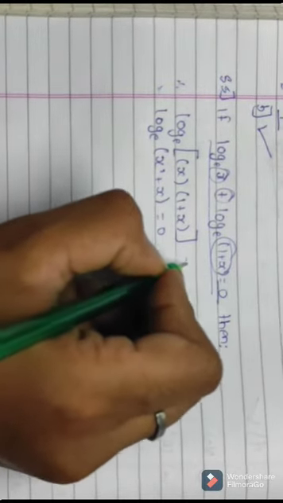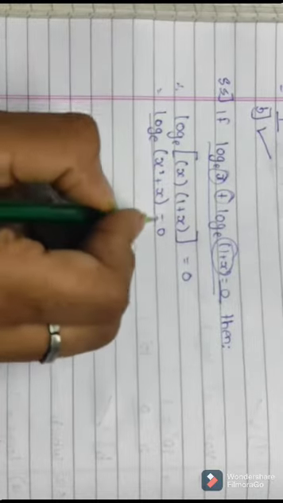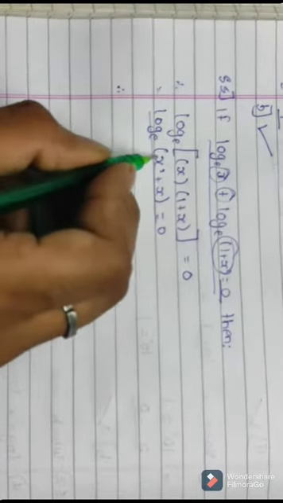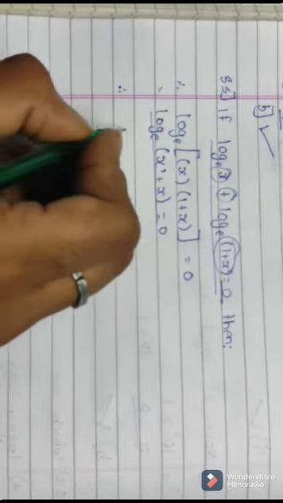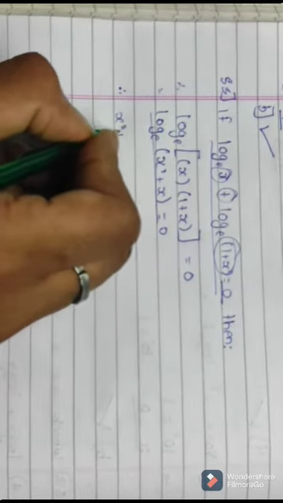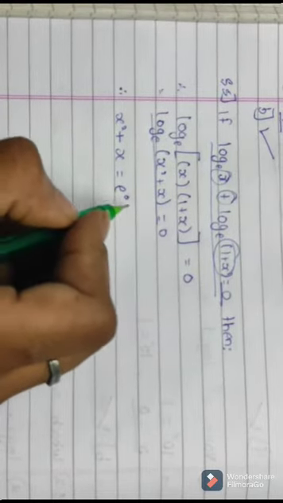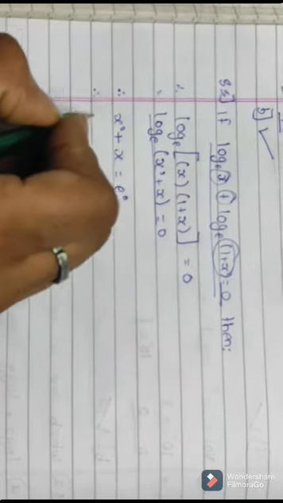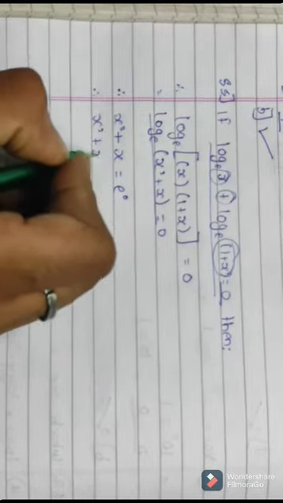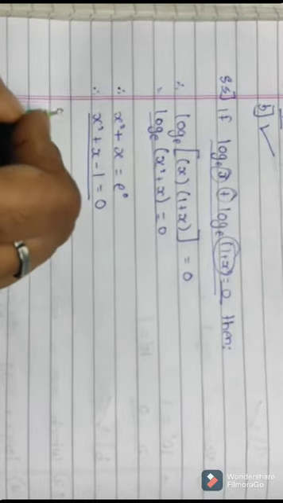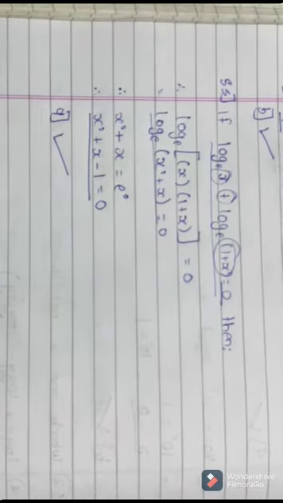Here we are given that it is equal to 0. Therefore if we write this in exponential form, we get x square plus x equals e raised to 0. Now anything raised to 0 is 1. Therefore x square plus x minus 1 will be equal to 0. So option A is correct.